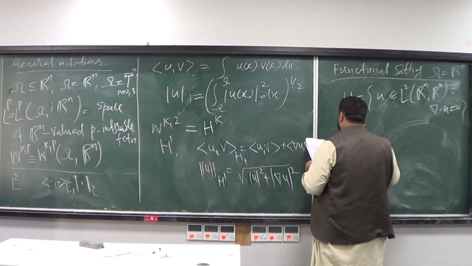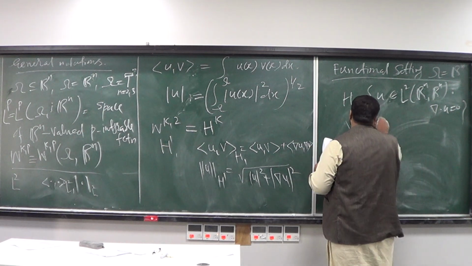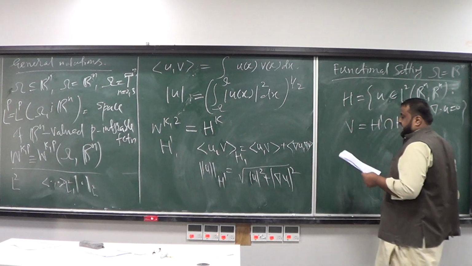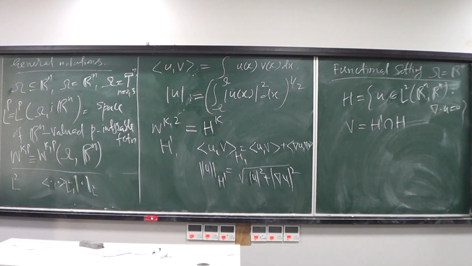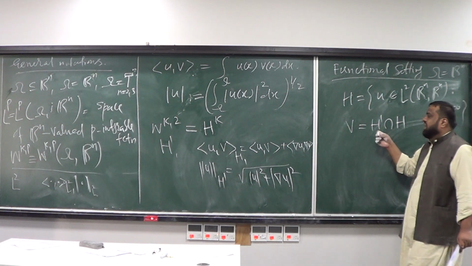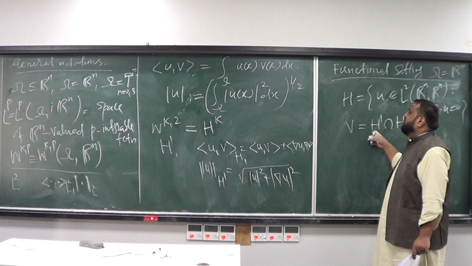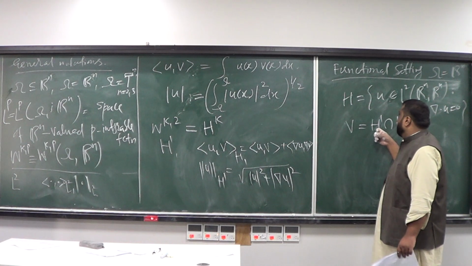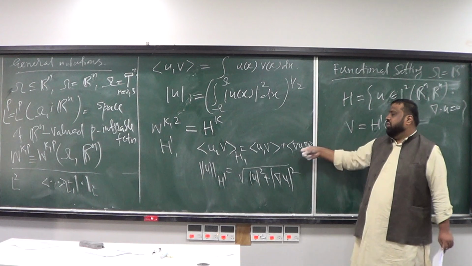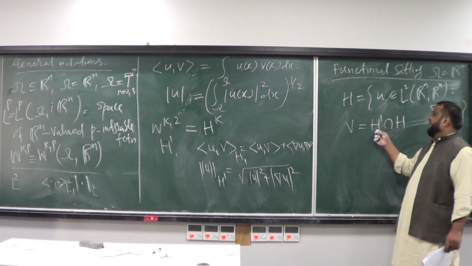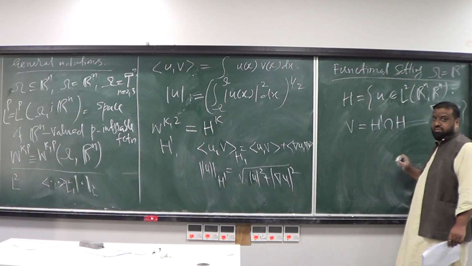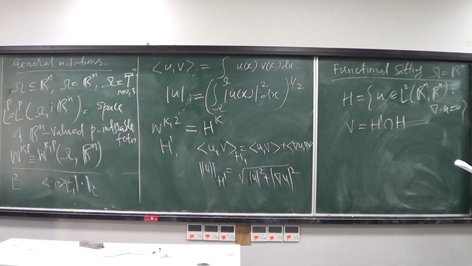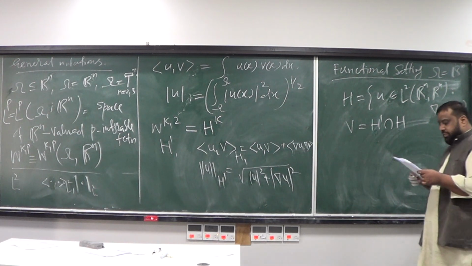And for me, V in this situation is going to be H1 intersection H. In other words, this is the space of those functions for which u and the gradient of u are square integrable, and they are divergence free, because they are intersected with H. So this is what it is going to be.